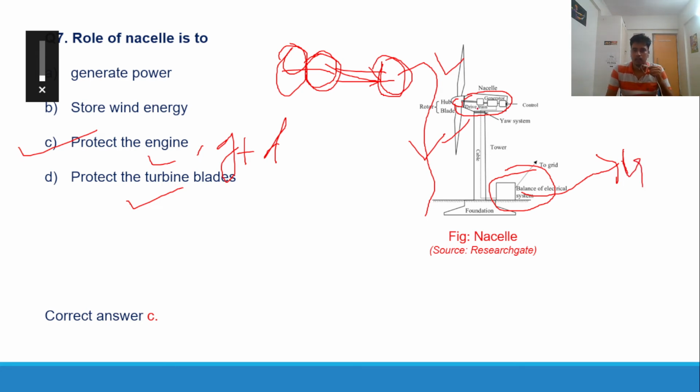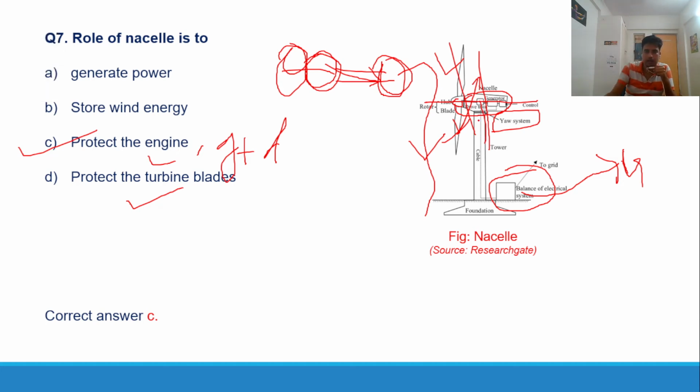And this is your yaw system. What is the role of the yaw system? It moves the nacelle in the vertical direction. It rotates the whole setup so that the turbine blades face the wind.